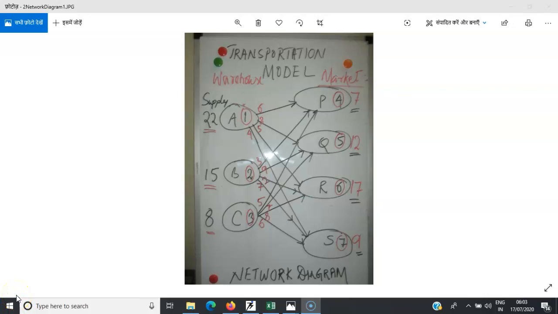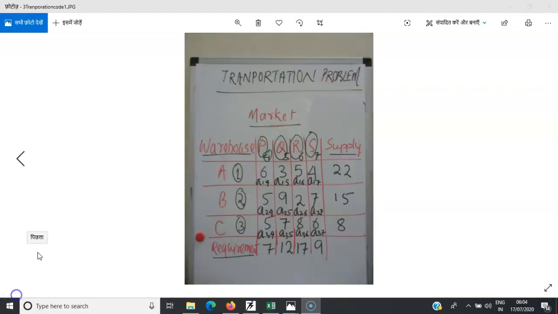So let us see how to frame the equations and solve this. This is the simple presentation of the same problem. Here we have given the notation A14 for the quantity from nodal point 1 to market point 4, and A15 from nodal point 1 to market point 5.